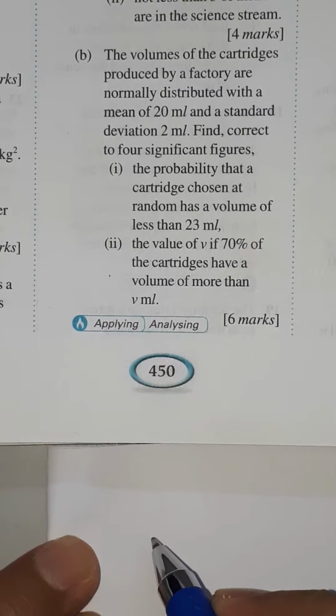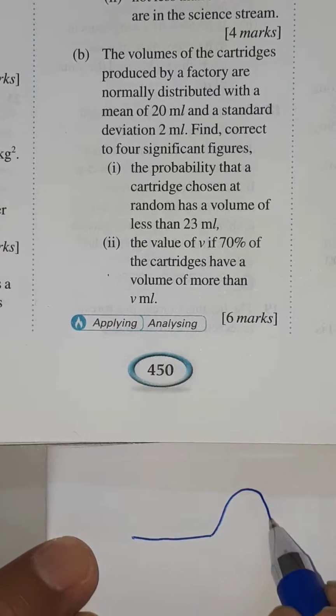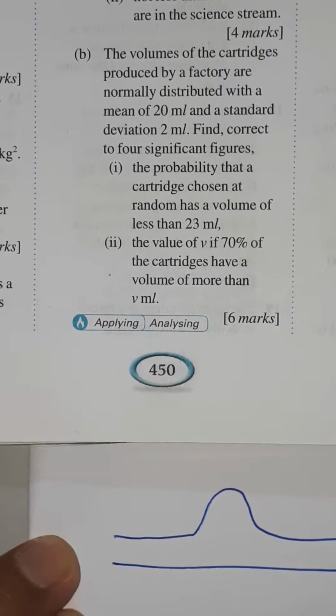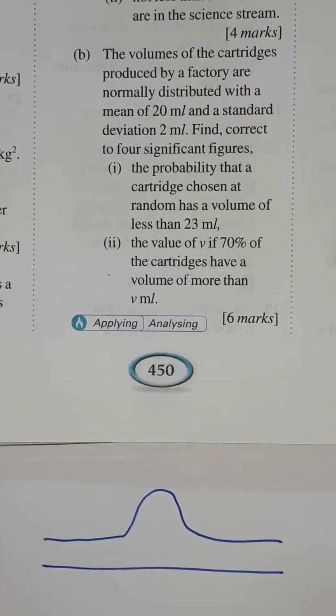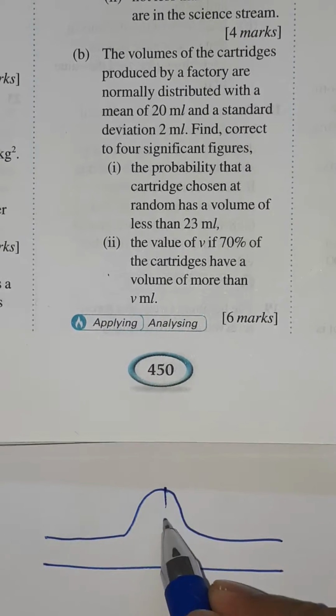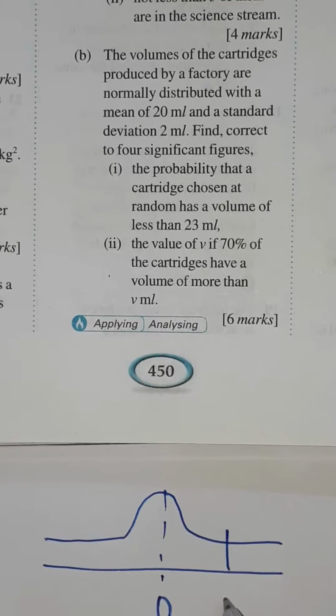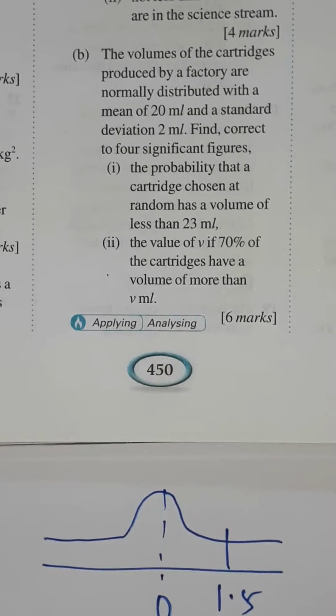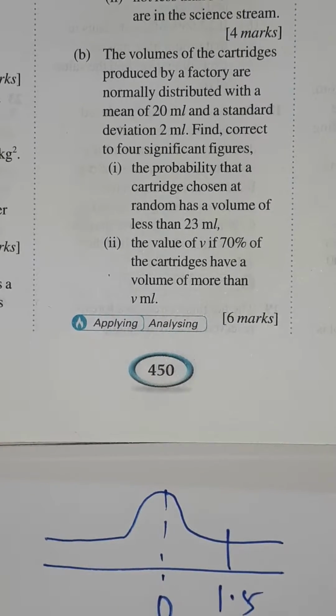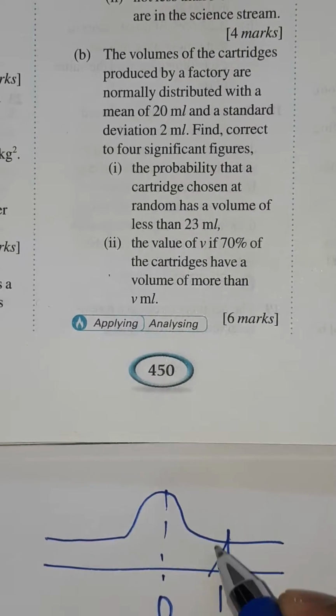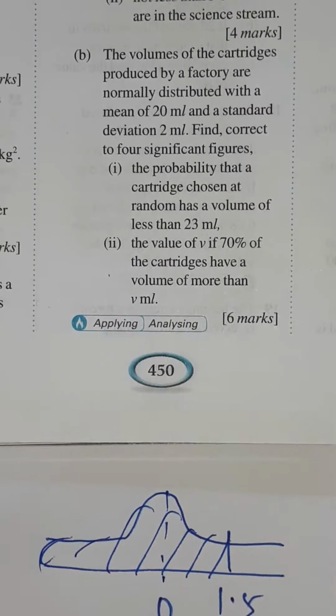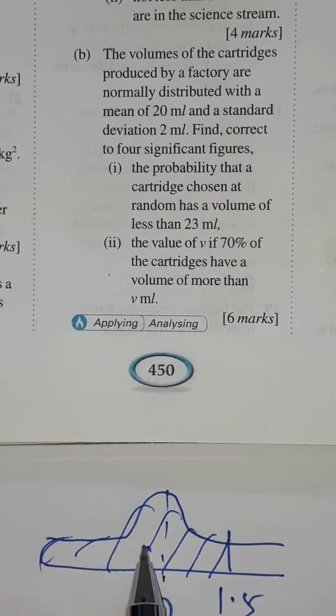So the graph will be, okay, so 1.5. Where is 1.5? In the middle here will be 0, so 1.5 will be here, and less than 1.5 means that we have to shade on the left side. We want to know the area of the shaded part.